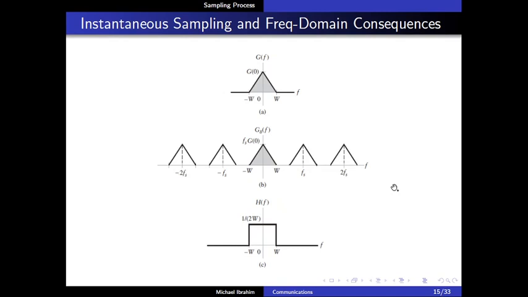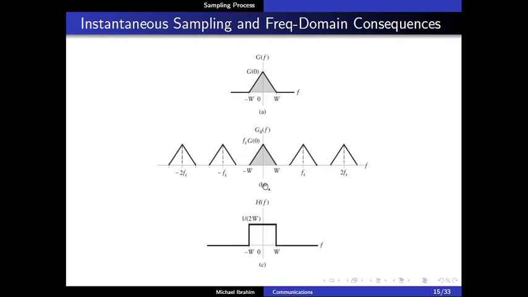So to answer the second question first, we can use a filter. This kind of filter will allow frequencies from -W to W to pass and will kill any other frequency outside this band. So if we apply this discrete time signal to this filter, all the repeated spectrum at fs, 2fs, 3fs, minus fs will be killed, and only the spectrum between -W and W will pass.